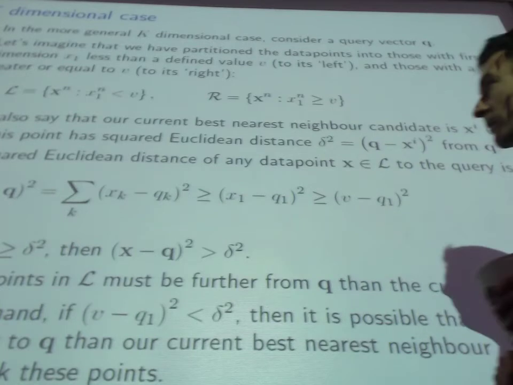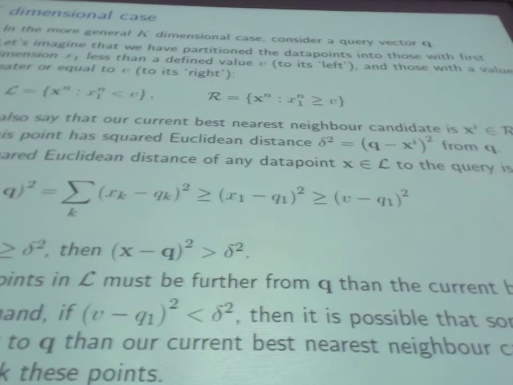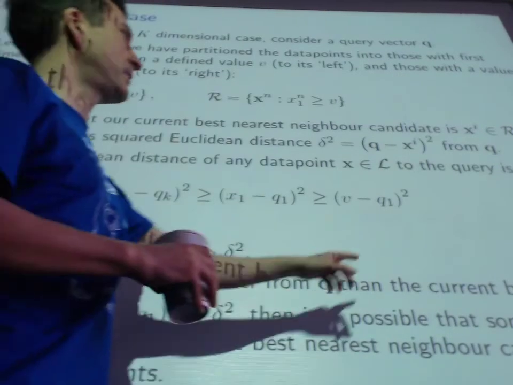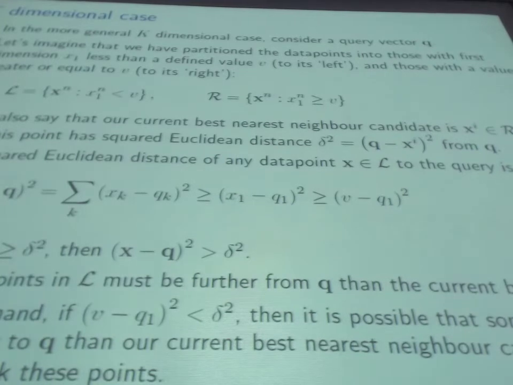In other words, if you know that this distance here is bigger than delta squared, your current best distance, then you know that the distance between any point in the left plane and q is bigger than the distance between your current best candidate and q in the right plane. So you could eliminate all those points to the left. On the other hand, if this is not bigger than that, there could be some point in the right-hand plane which is actually closer.